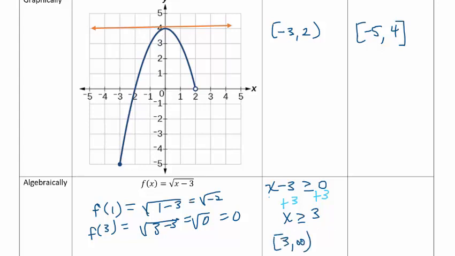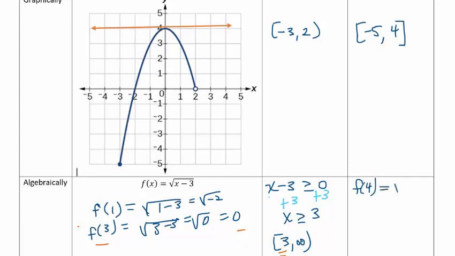And based on the domain values of the function, we can find the corresponding range values. So we first substitute in an x value that we know is in the domain. So we have x equals 3, and we already found the corresponding y value, which is 0. Okay, let's try another. What about when x is 4?